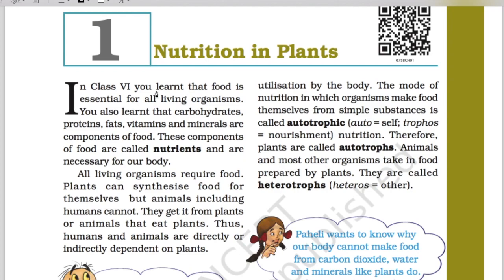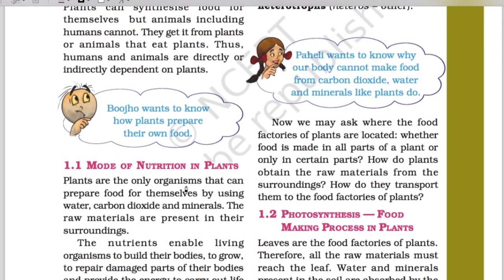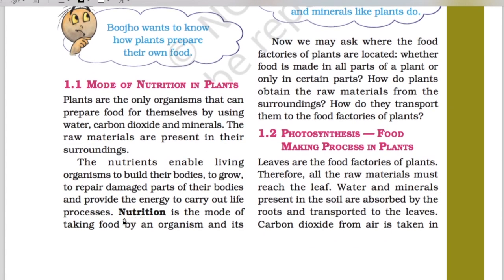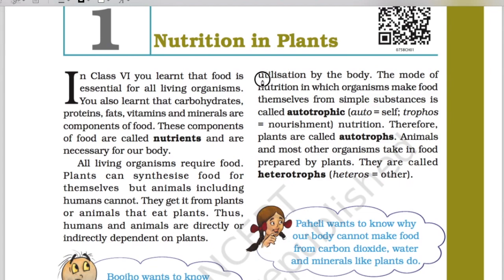What is meant by nutrition and why do we need nutrition? Nutrition is the mode of taking food by an organism and its utilization by the body.